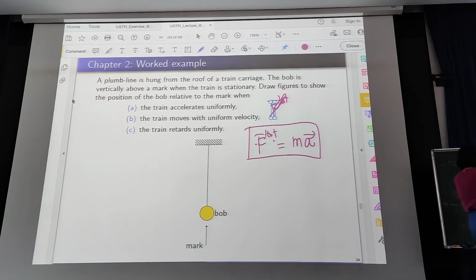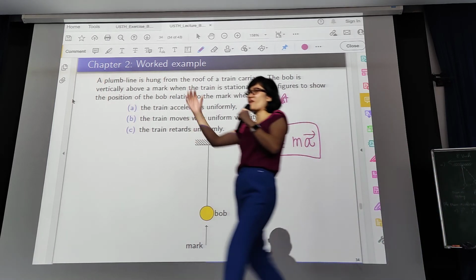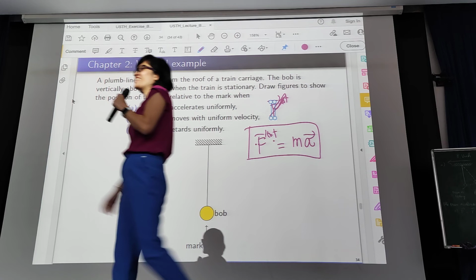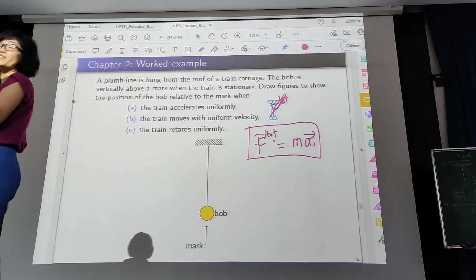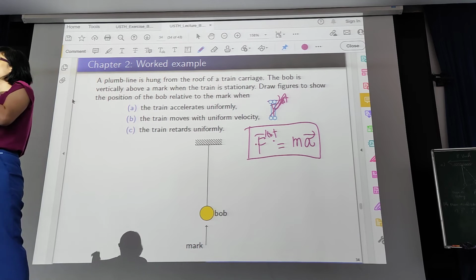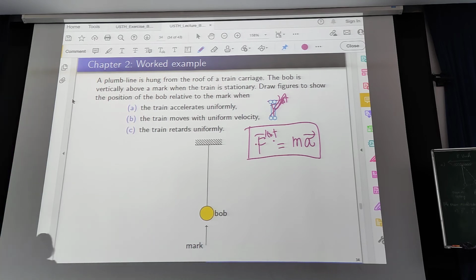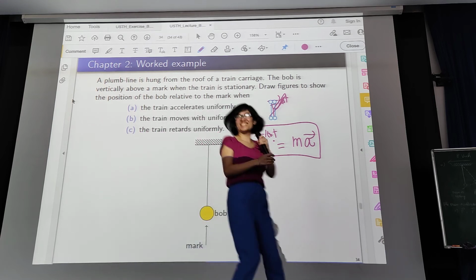And in the case of number C, Quang said that the train goes to the right, and the bob also goes to the right. The left. No, go to the left, in the case of decelerating. Is it correct or not? It's not correct. So what do you think?